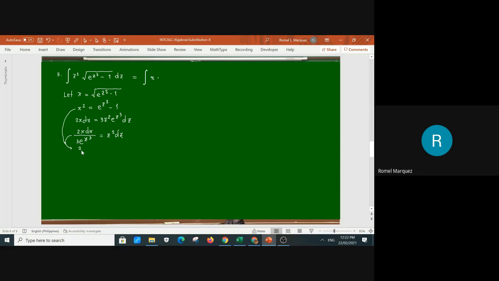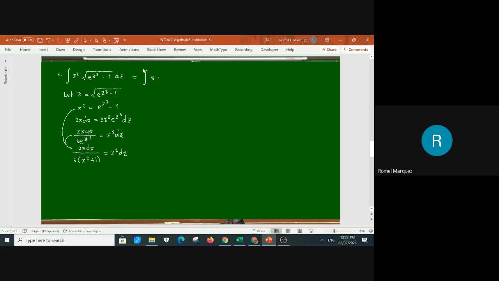So we get 2x dx over 3 times x squared plus 1, and this is equal to z squared dz.